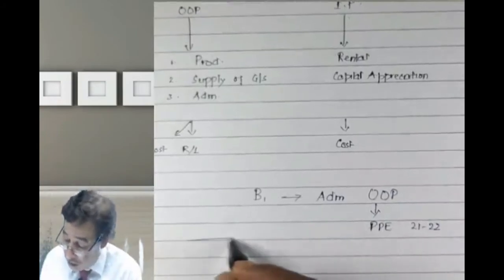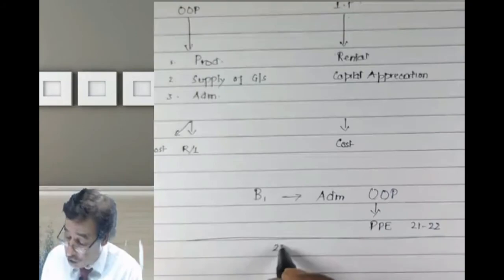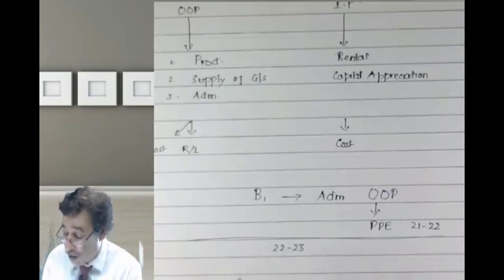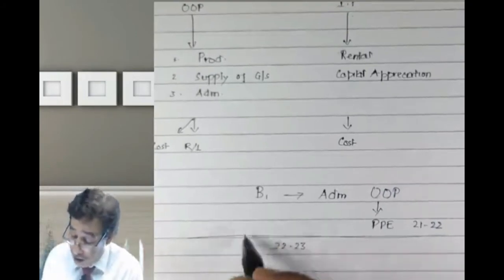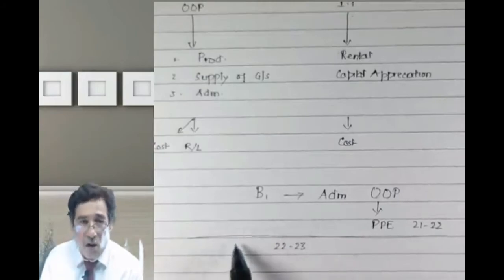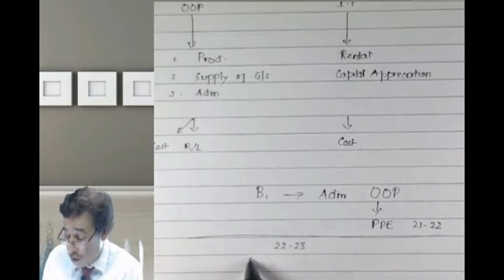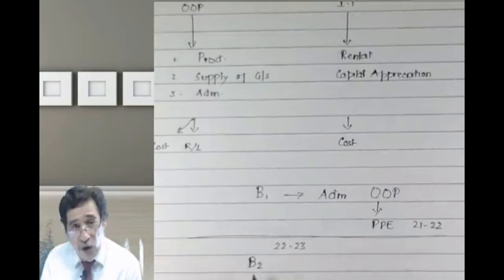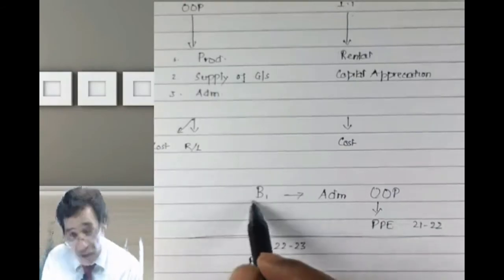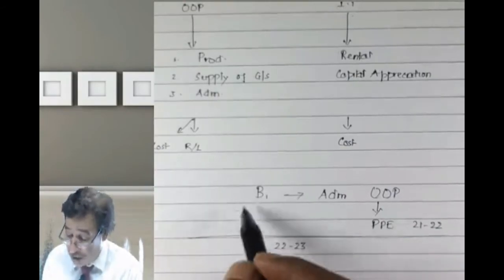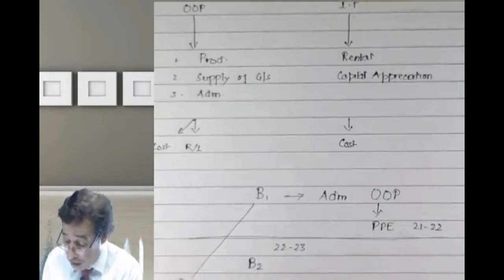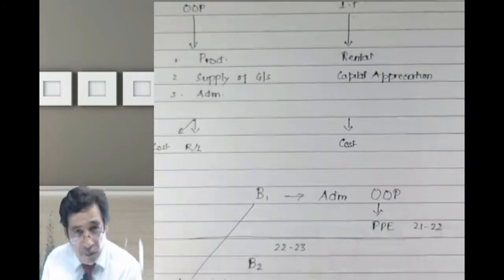But now in the current year, 22-23, what happens? They shifted their office to a new building. Because they have gone to the new building and left the old building, and the question has given that the old building has now been leased out. If you have leased out the old building, then the old building will no more be owner-occupied property.